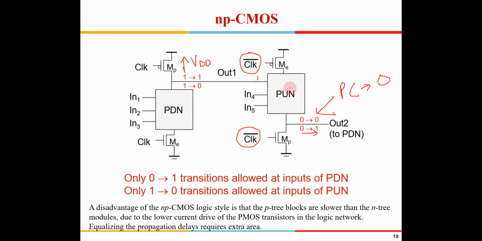There is an issue with the large capacitance, so extra area and extra power will contribute towards extra capacitance. So that is one of the drawbacks you have with np-CMOS.